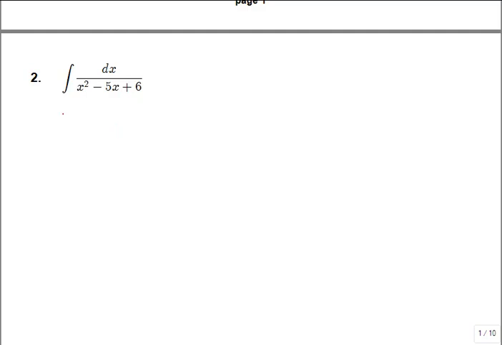So what I want you to observe is that 1 over x squared minus 5x plus 6 can be broken down into two fractions, 1 over x minus 3 minus 1 over x minus 2.